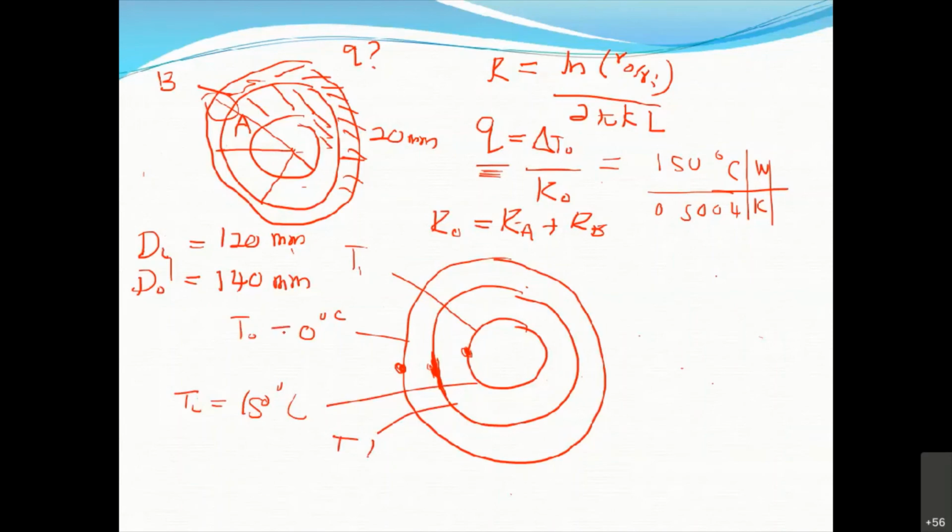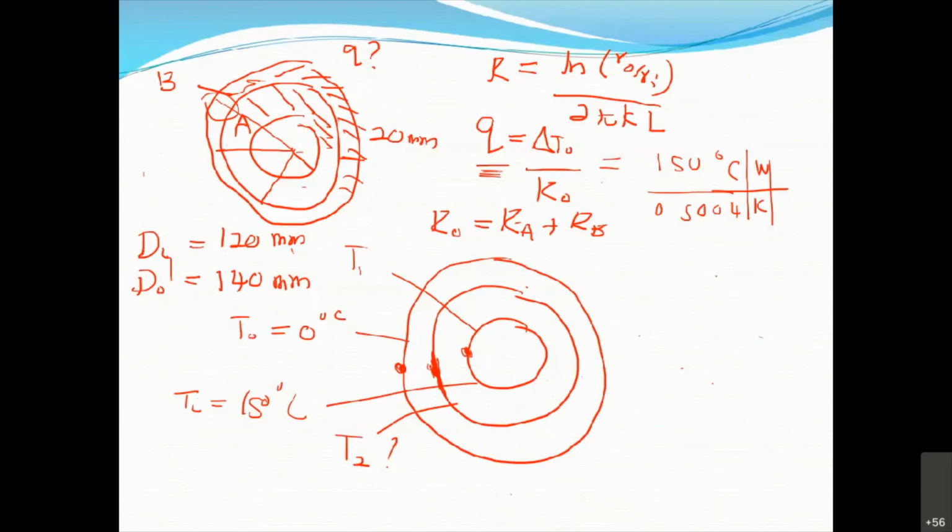T outside is equal to 0, but we don't know the surface temperature. Let's label this as T2. So we don't know what the temperature of T2 is, and we have to find it. T2 is unknown.